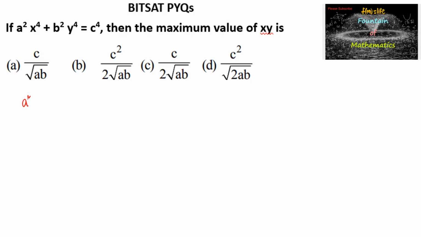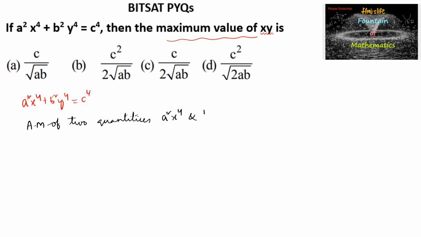Given a square x power 4 plus b square y power 4 is equal to c power 4, then the maximum value of xy we need to find. So let us consider the arithmetic mean of two quantities, a square x power 4 and b square y power 4, which is equal to (a square x power 4 plus b square y power 4) divided by 2.